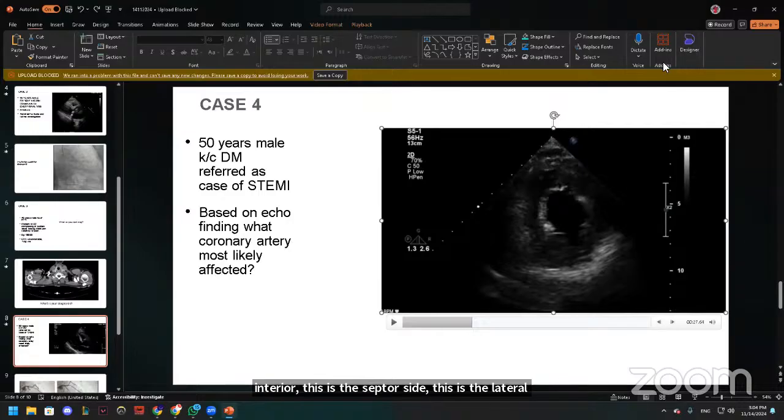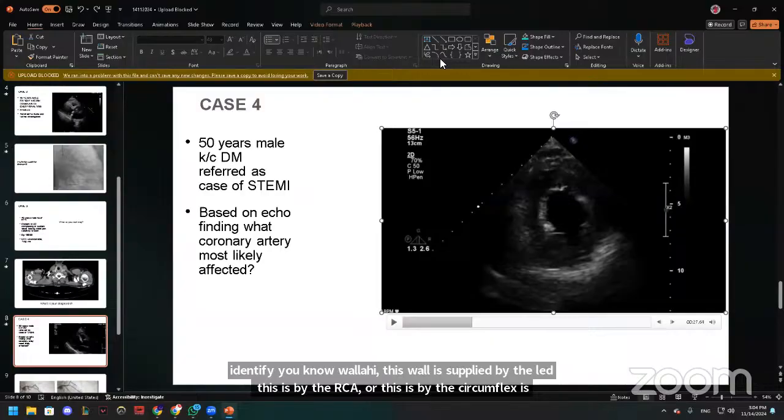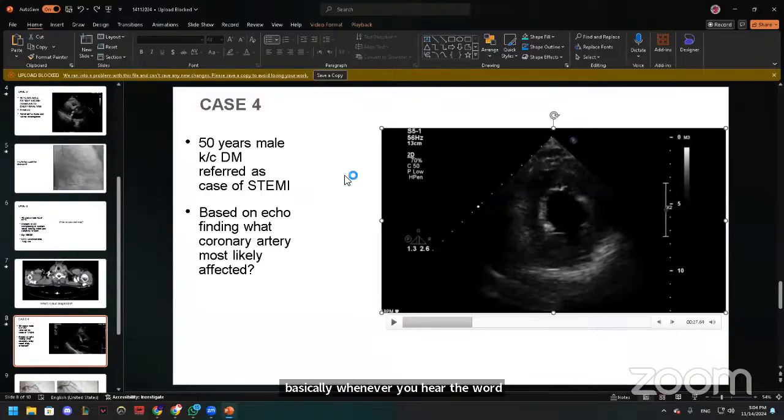One of the tips that a cardiologist taught me to identify which wall is supplied by the LAD, the RCA, or the circumflex is this: whenever you hear the word anterior, this is covered by the LAD. Septal, this is also LAD. When you hear the word inferior, this is the RCA, and lateral is the circumflex.